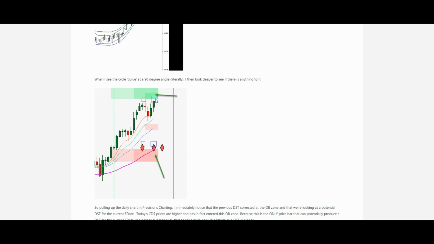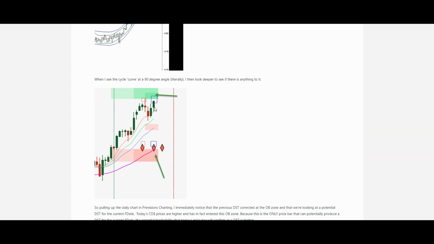But in this case, you don't see the bar here because, like I said, it's not time to download today's data, but I already know it's up here. And the 18th, which is today, is the only bar that can possibly produce a swing top like this for this indication, this cycle turn, this F date indication.